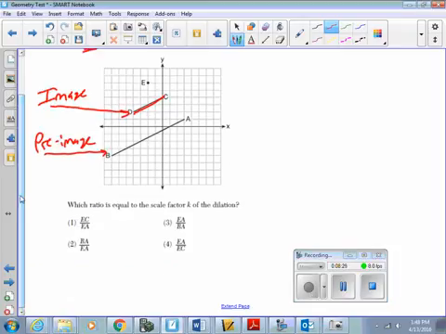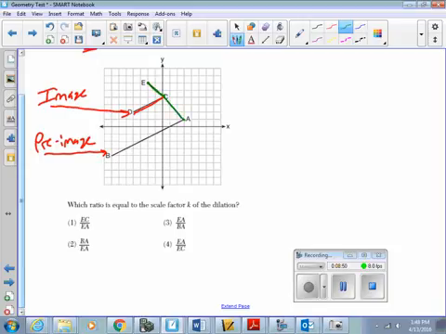Which ratio is equal to the scale factor K of the dilation? So let's look at these. What about EC over EA? So that's going to be this segment, EC, divided by this segment EA.